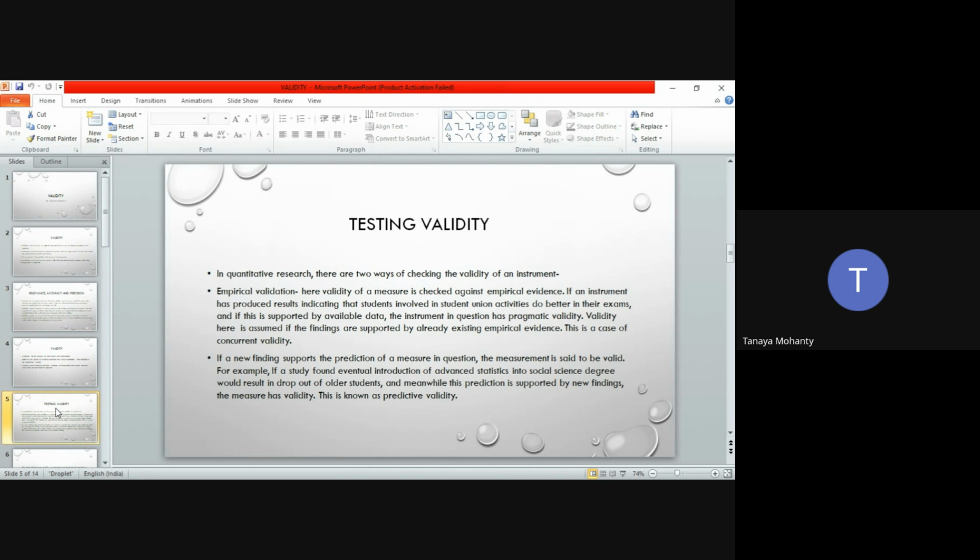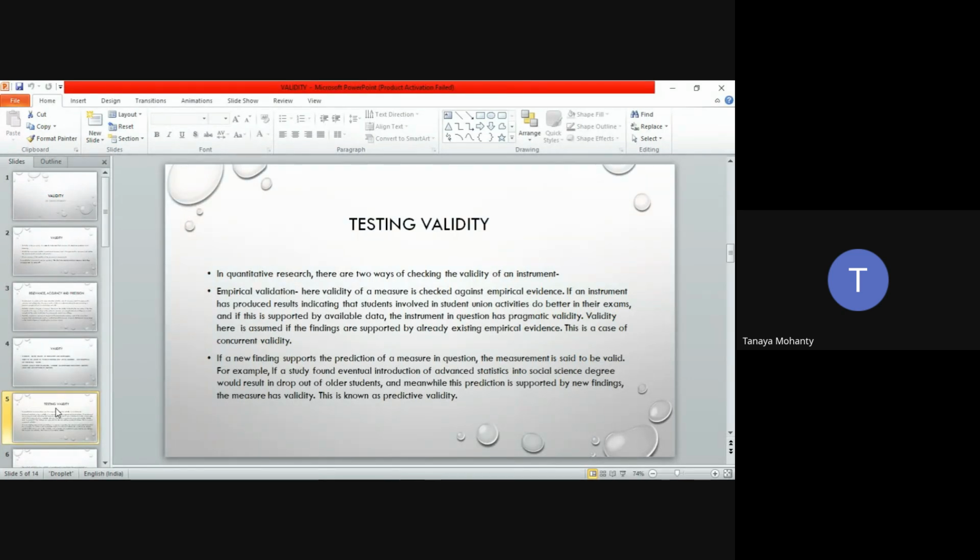But when it comes to social sciences research, it's a bit difficult, and it's much more challenging than the natural scientists' effort in arriving at the idea of validity as far as instruments are concerned.